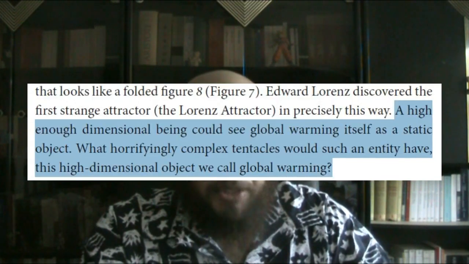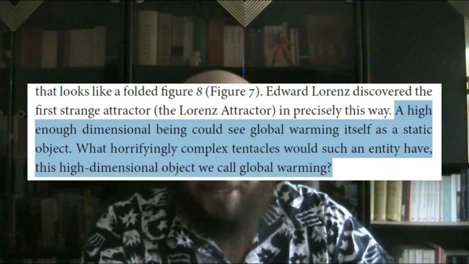A high enough dimensional being could see global warming itself as a static object. What horrifyingly complex tentacles would such an entity have, this high-dimensional object we call global warming? So maybe a being from the same dimension as hyperobjects would look at them as having, you know, a Cthulhu shape. Maybe they are Cthulhu creatures.